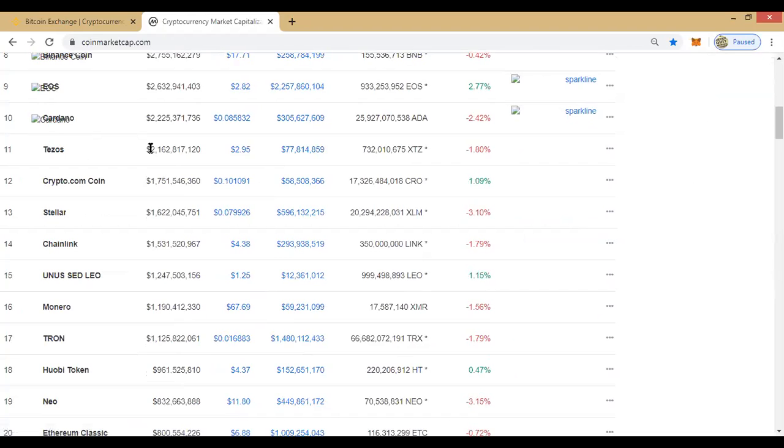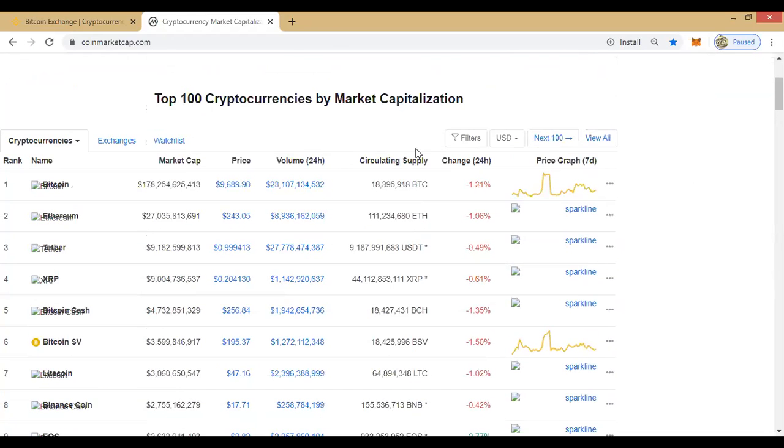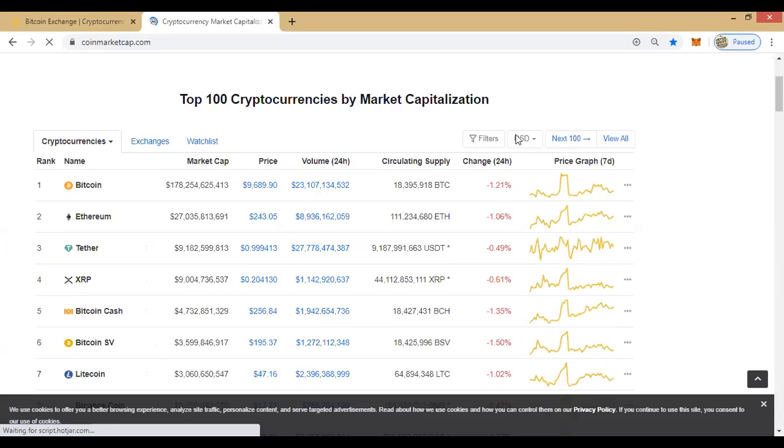So as you can see, these are the various coins that are traded on coinmarketcap.com.